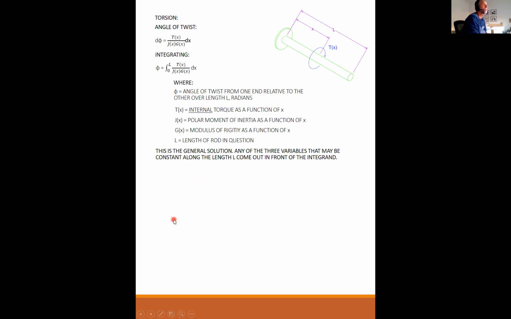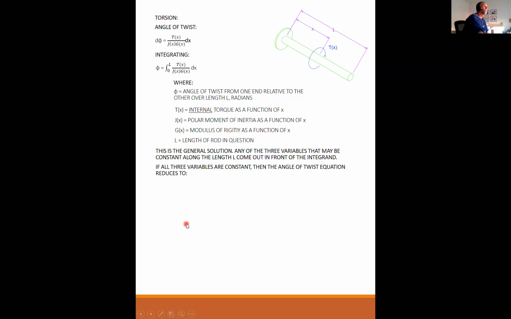Okay, so as we were saying, this is the general solution. Any of the three variables that may be constant along the length L come out in front of the integrand. So if all three of them are constant, then this reduces to something pretty simple.